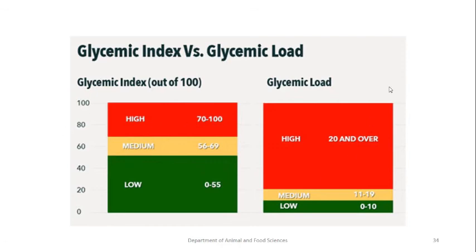And on the other hand, glycemic load, we refer to low glycemic load foods as foods which have glycemic load 0 to 10, and medium glycemic load foods as foods which have glycemic load of 11 to 19, and 20 or over called high GL foods.